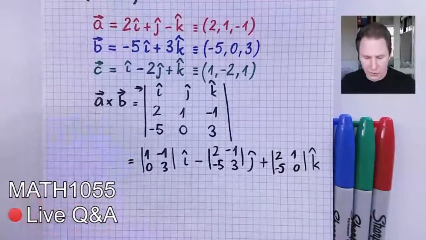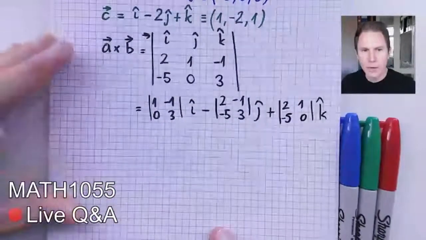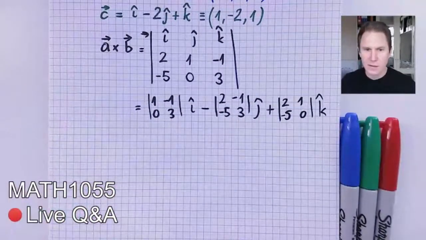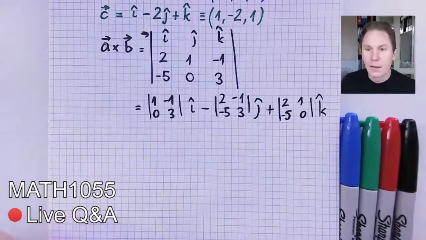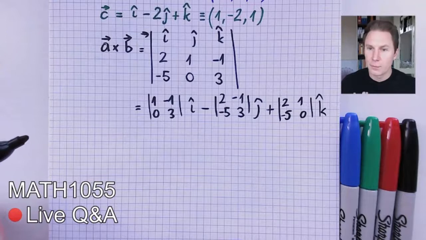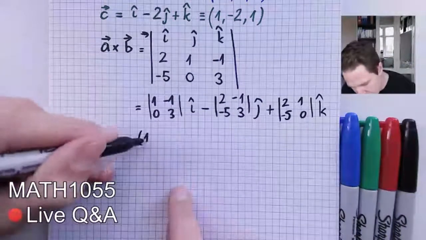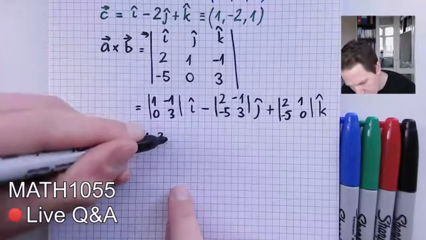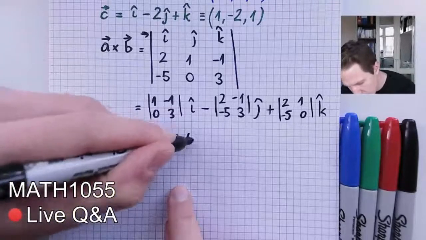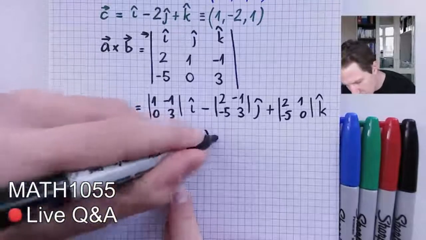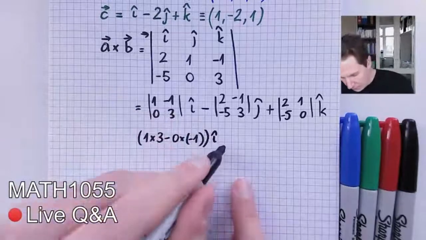And all you have to do now is just to calculate these smaller 2 by 2 determinants. That's done by multiplying the diagonal elements and subtracting the product of the off-diagonal elements. So in our case, it's 1 times 3 minus 0 times -1 for the coefficient of i hat.